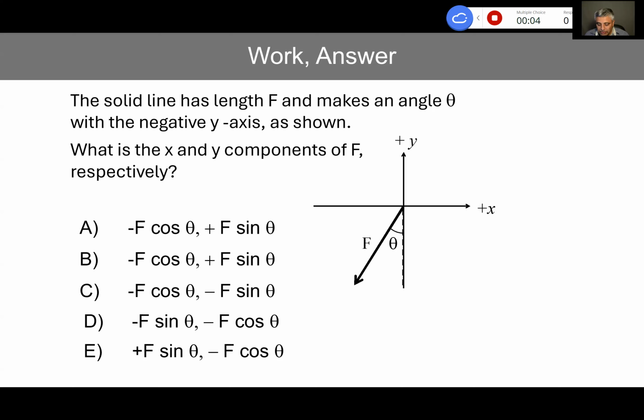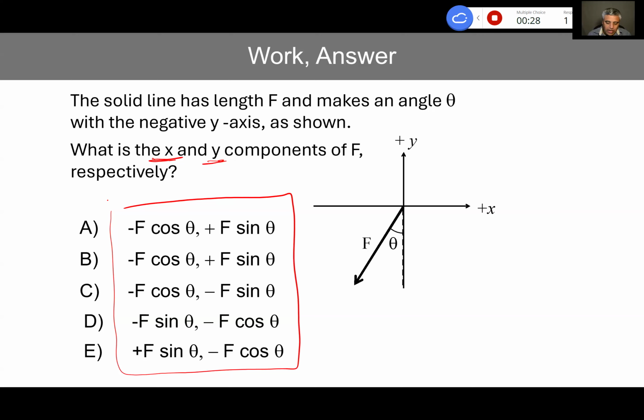Take your time, draw it on paper or on your device, complete the triangle, find the components, and choose an answer. And see, it's asking for x first and then y. That's the order the answers are given, not y and x. Keep that in mind.